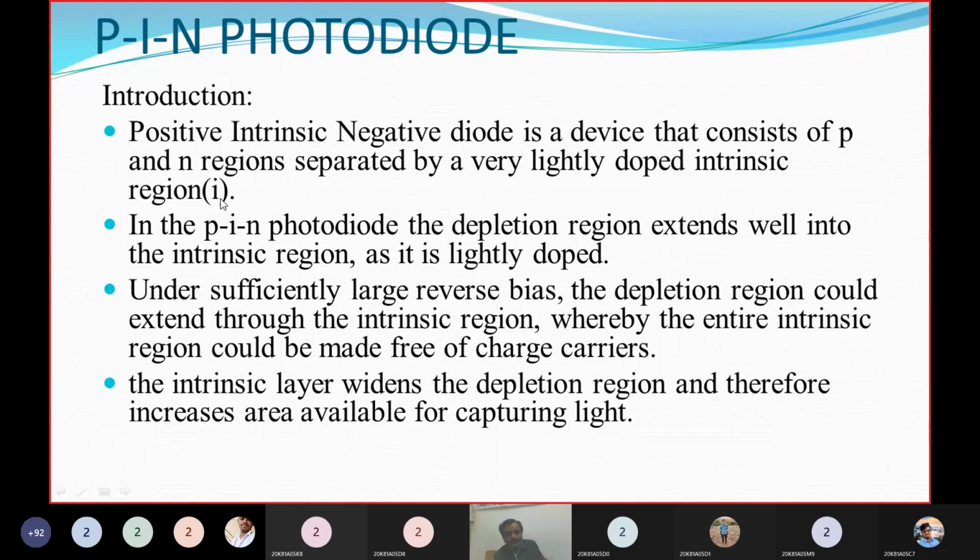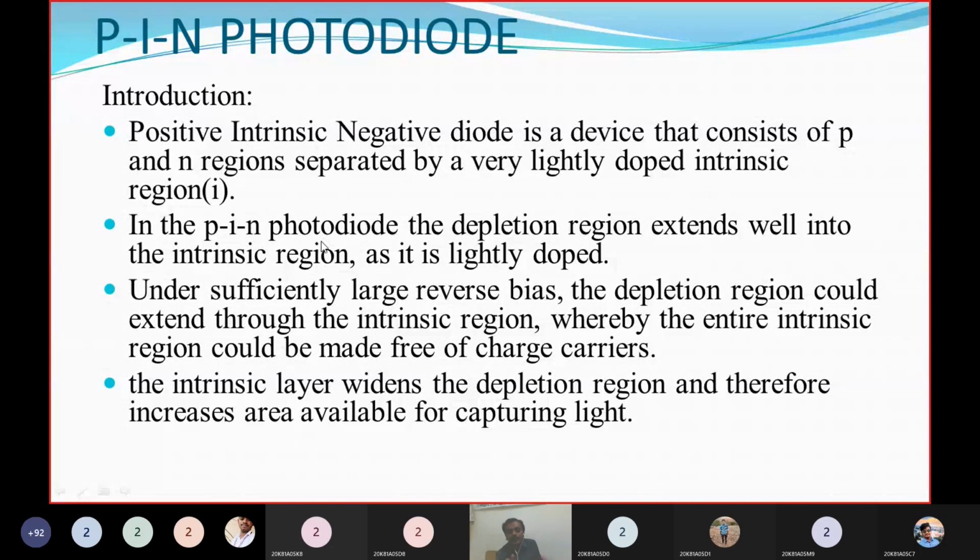The positive P region and the negative N region are separated by an intrinsic region. Intrinsic means pure semiconductor. So in between the P-type and N-type semiconductors, there is a lightly doped intrinsic region.